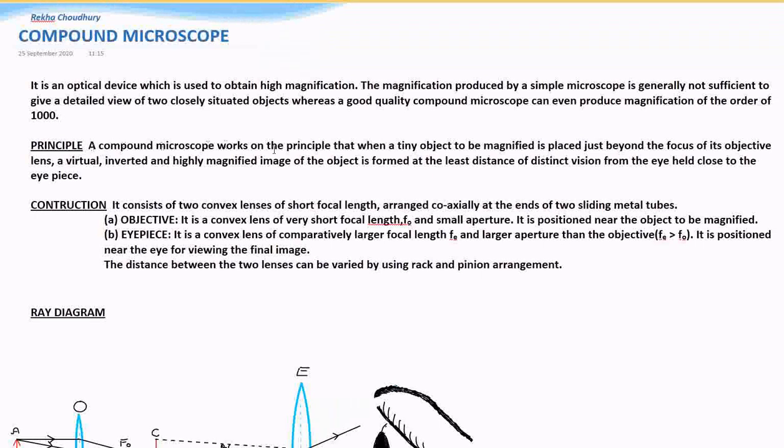It works on the principle that when a small object to be magnified is placed just beyond the focus of its objective lens, a virtual, inverted and highly magnified image of the object is formed at the least distance of distinct vision from the eye held close to the eyepiece.